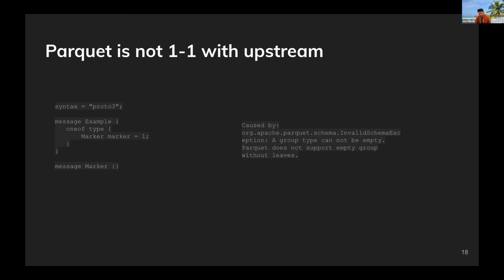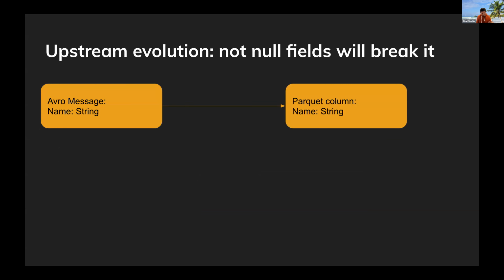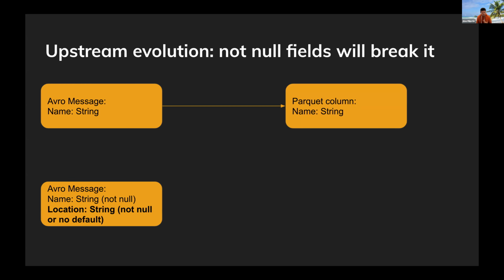Another interesting one: you need to be really careful with upstream evolutions. Null fields, for example, will break it. Say you have a message with a string, and it gets written into Parquet with the name and type string. Then you modify it, you create a new message, you send it down the Delta Streamer, it's a string, it is not null and not default.